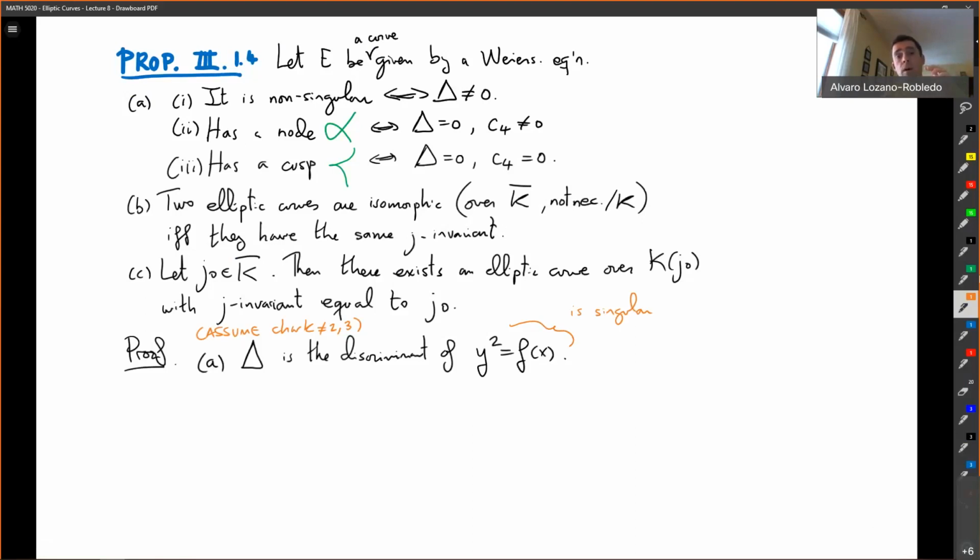If you remember how we defined singularity, you would put it in projective coordinates, and then look at the derivatives of your equation. The equation, say, f of x minus y squared equals 0. Take the derivative of that with respect to x, with respect to y, with respect to z. When you take the derivative with respect to x, what you get is f prime of x. Essentially, you get f prime of x equals 0, right? So you have a point that you're trying to check if it's singular.